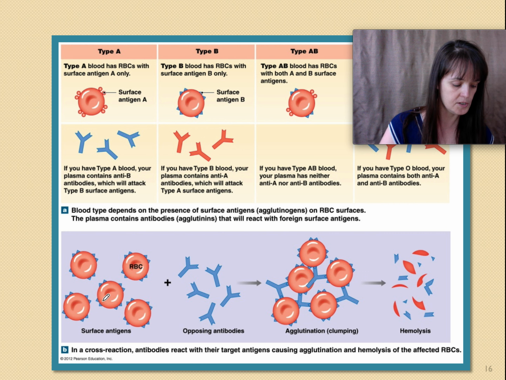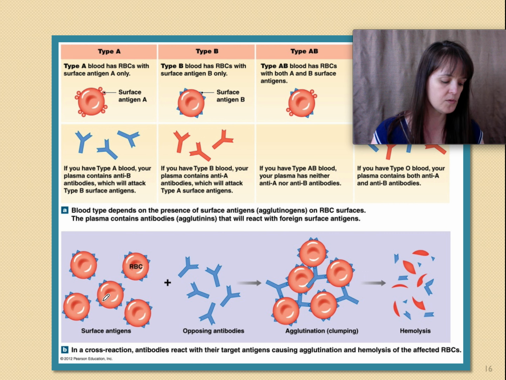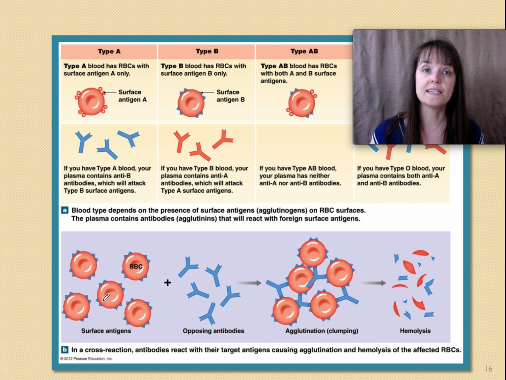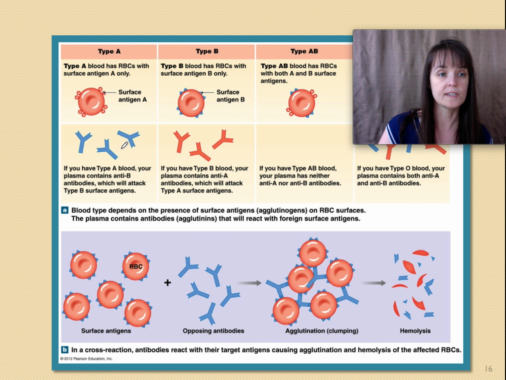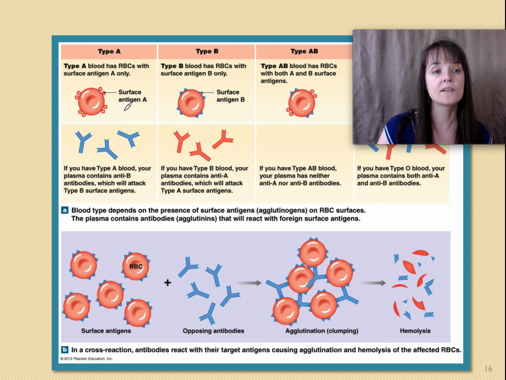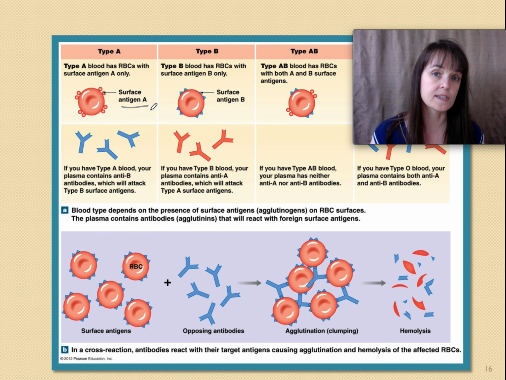The antigens are things that can trigger an immune response. Any antigen is something that can trigger an immune response. An immune response is the body's defense mechanism. And the surface antigens are antigens that are on the surface of the cell. They tell the immune system whether this cell is self, part of you, or it's foreign and needs to be attacked.